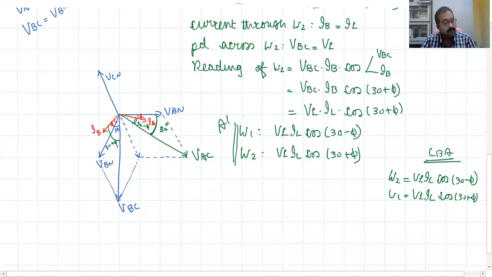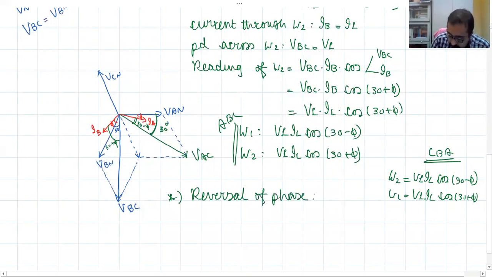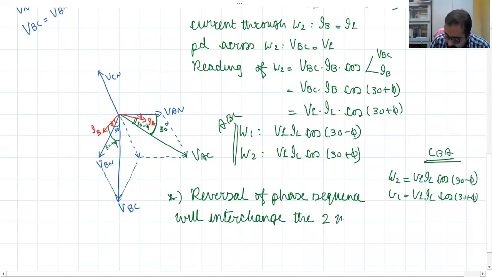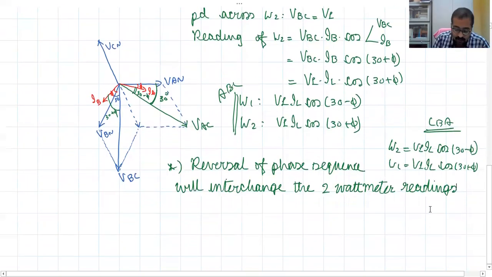Let me note it as a point: reversal of phase sequence will interchange the two wattmeter readings.